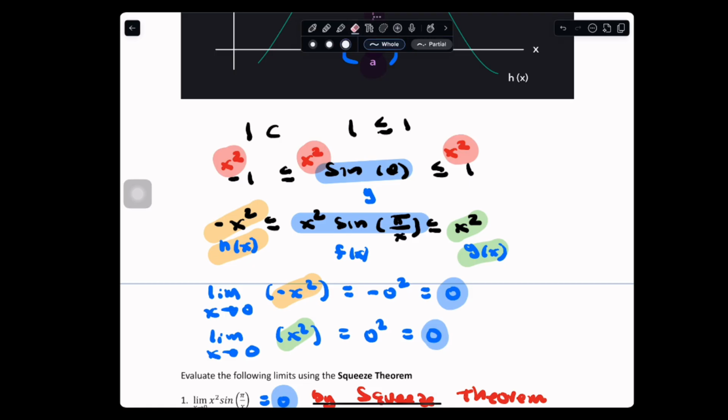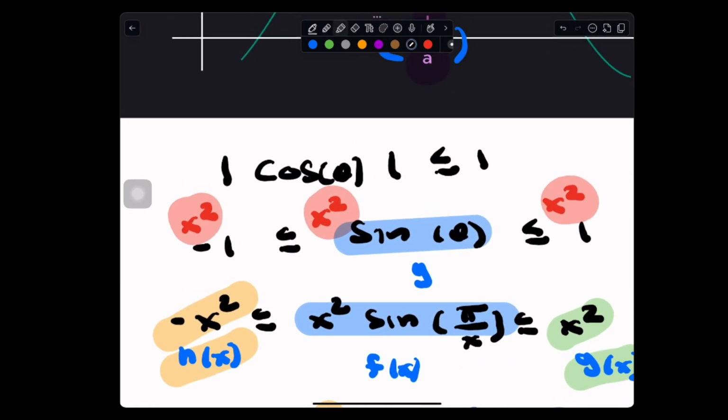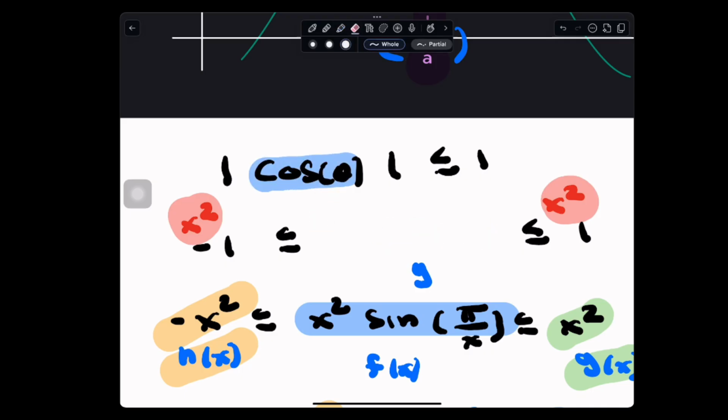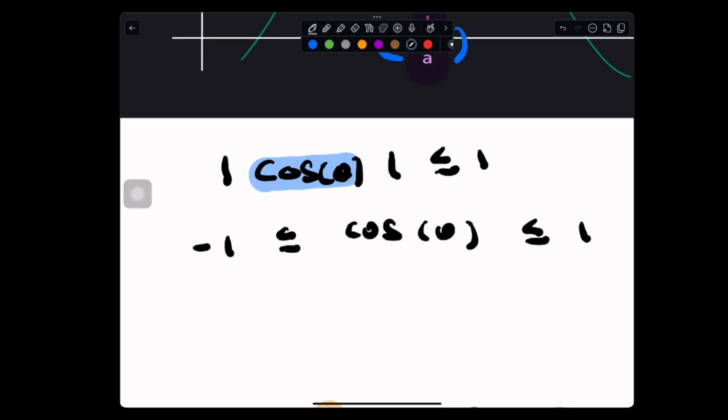They're not the same function, but cosine is also between negative 1 and positive 1. Is that true? You guys okay with that?